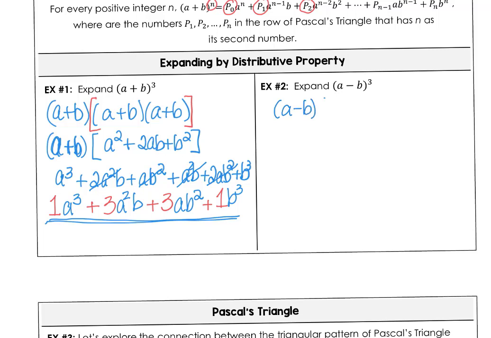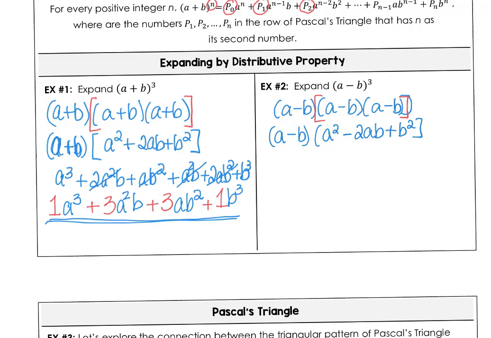Okay, so what happens when we expand and it's this difference of binomials? So a minus b times a minus b times a minus b. And again, just multiplying the last two together, saving the a minus b for the third step. So a squared minus 2ab plus b squared.